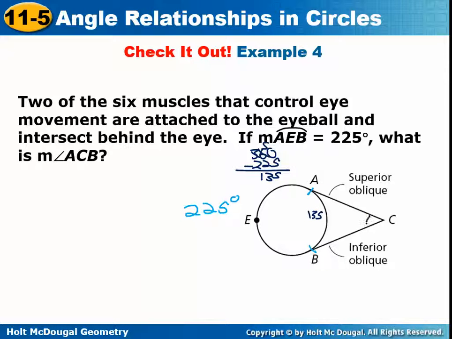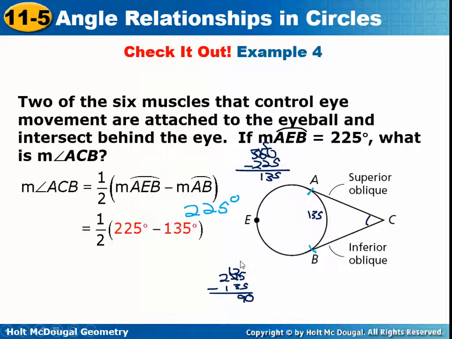So to find this angle, you just subtract them and divide by 2. And this is 90, and then half of that is 45. If I did my math right. Yep. So angle ACB would be 45 degrees.